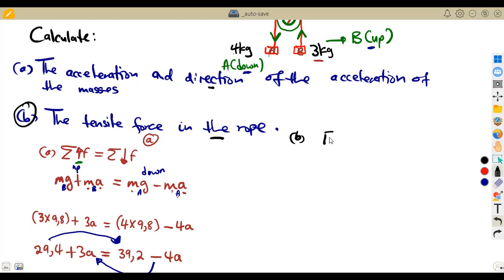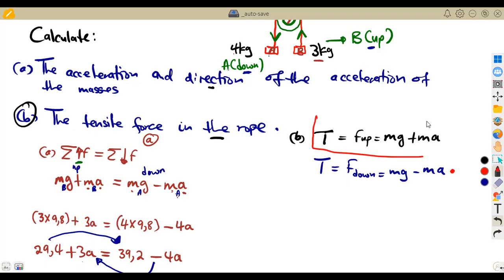So it depends on which formula you are going to apply. If you want this tensile force to be equal to F up, you use the formula for F up, which is mg plus ma, which will be the same as using F down, which is mg minus ma. You are supposed to obtain the same answer. I want you to verify so that you see if we've got the same answers.